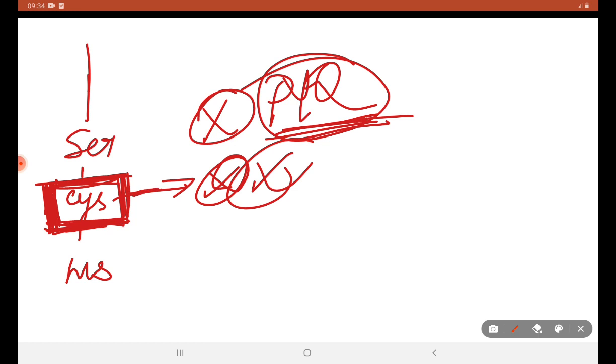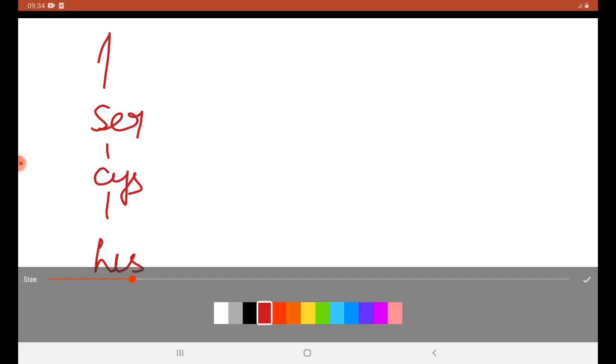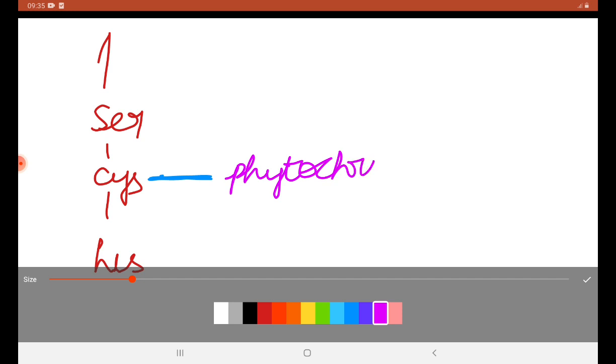This attachment is serine, cysteine, histidine, linked with phytochromobilin.